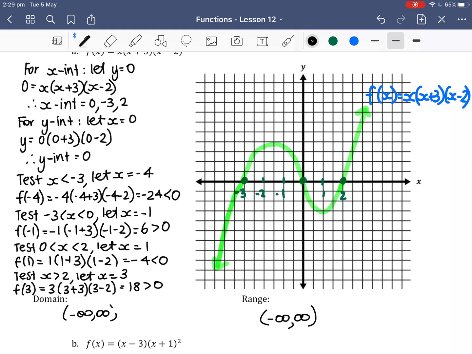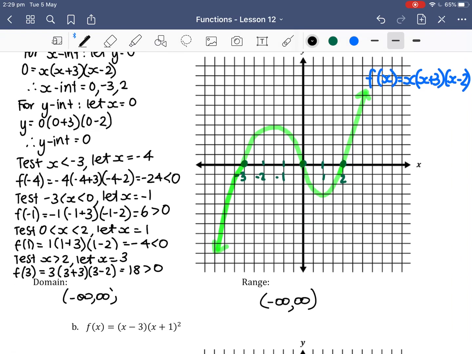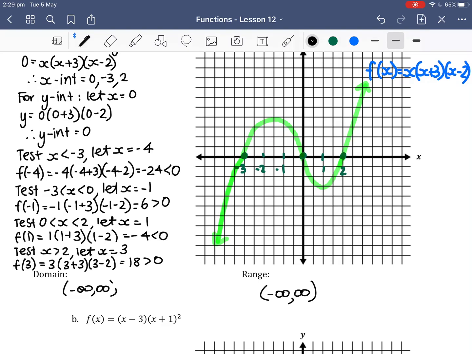When we look at the shape, we just finally need to state what happens with the shape to describe the shape of the graph. So the graph increases to a maximum turning point, then decreases to a minimum turning point, then it increases again. So let's just quickly write that out.